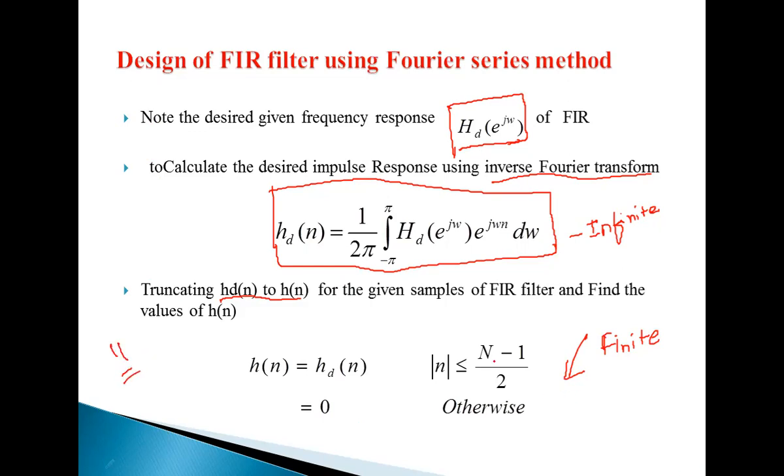In that case, it will be 11 minus 1 by 2, so 10 by 2, that means minus 5 to plus 5 will be the range for h of n. That's what we call converting an infinite sequence into a finite sequence by performing the truncating operation.